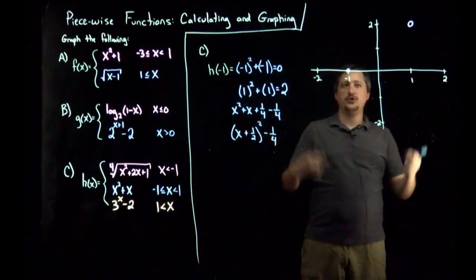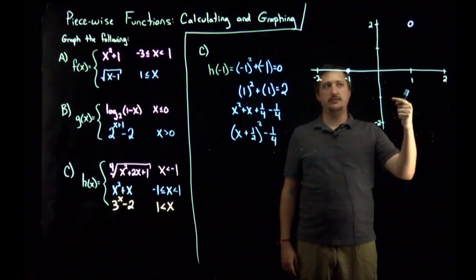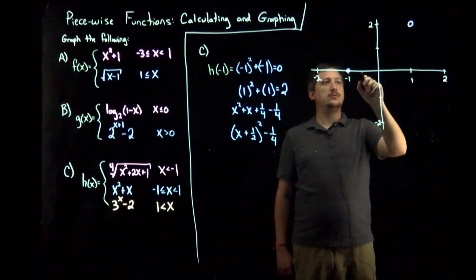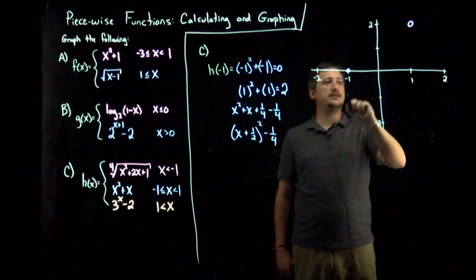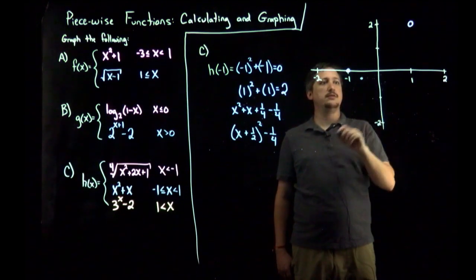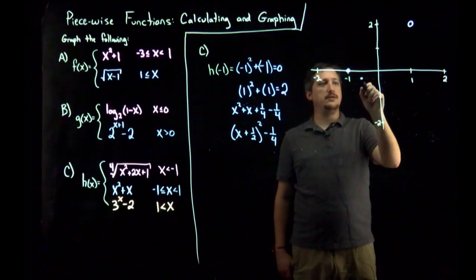So that tells me that I'm going to go to the left 1/2, down 1/4. So if I cut that in pieces, it would be something like here. So this is going to be negative 1/2, comma, negative 1/4.